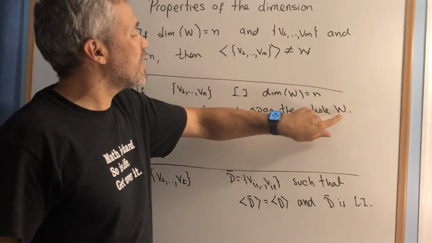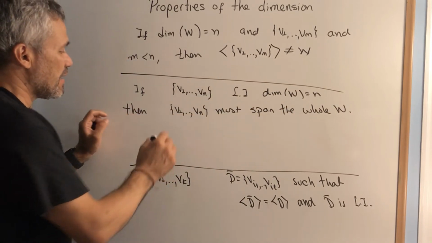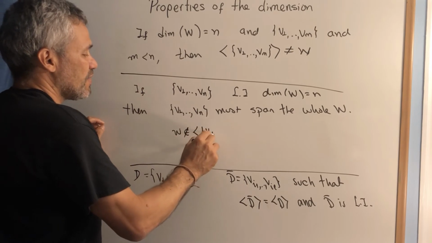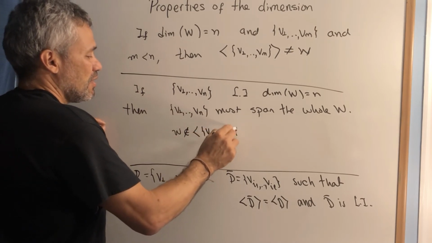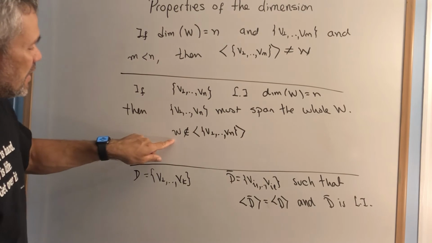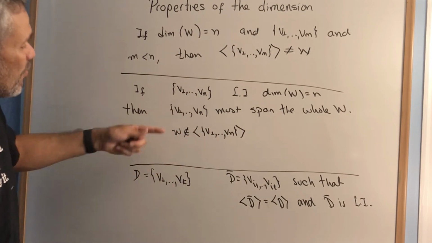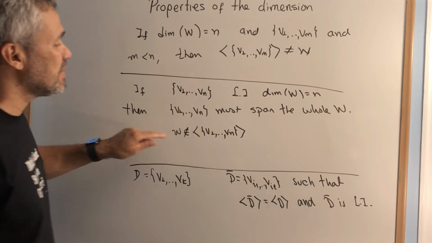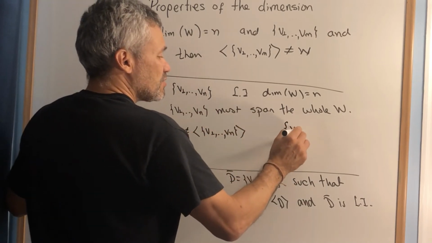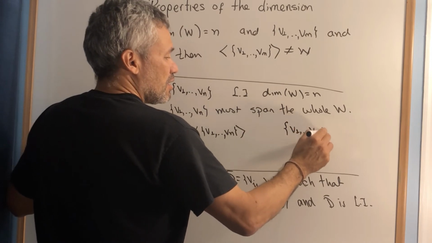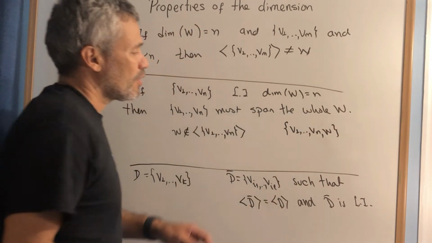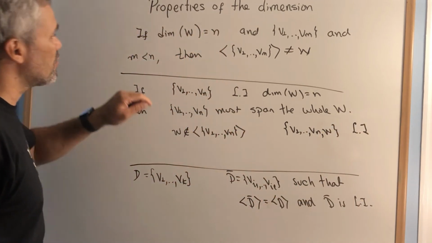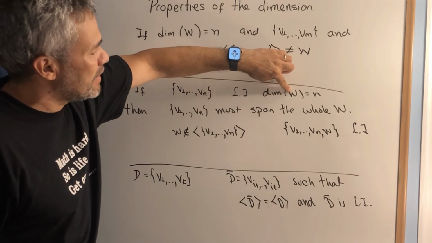If they do not span the whole W, then I can pick a w that is not in the span of these vectors. But if I pick such a w, we already showed that if they are linearly independent and we select a vector that is not in the span, then this collection of vectors is linearly independent. But this is impossible because we know that the dimension of W is n.